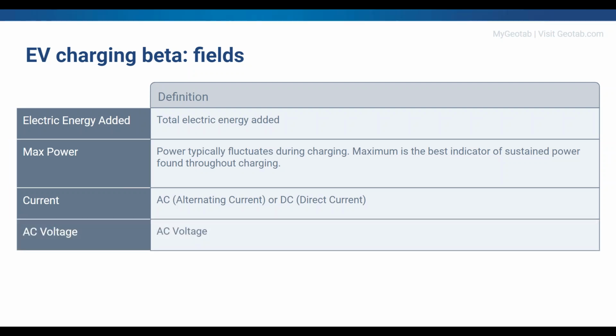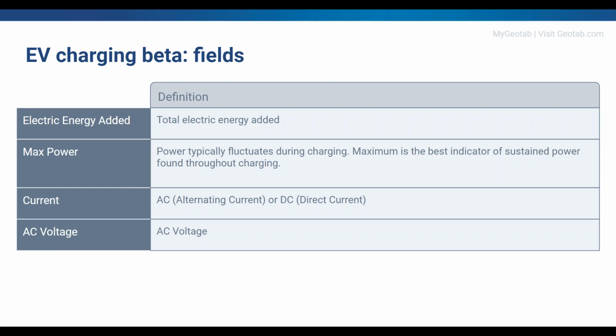And AC voltage. For those of us in North America, this will change. We have the option of the typically 120 volts AC, which is your typical wall socket. However, you may have a charging station at your fleet depots, which is a little bit faster but still slower charge.